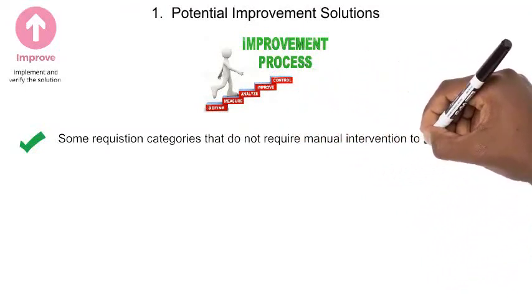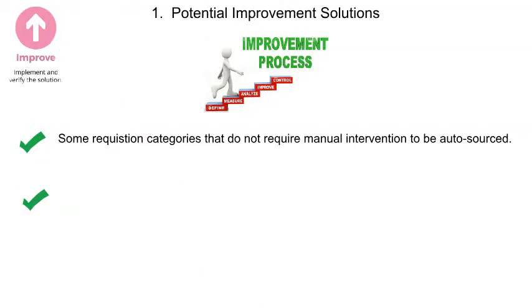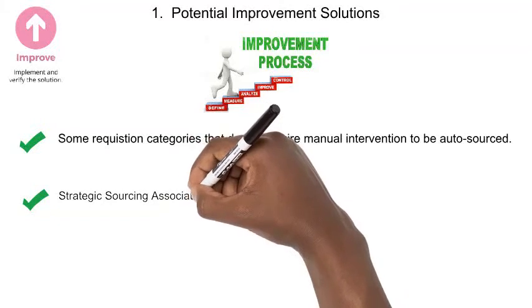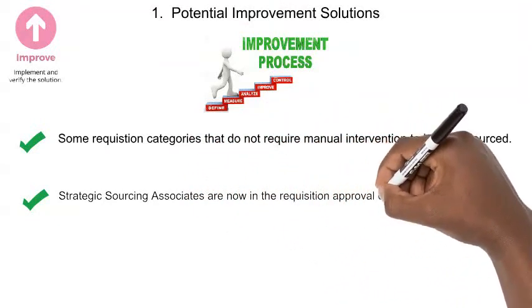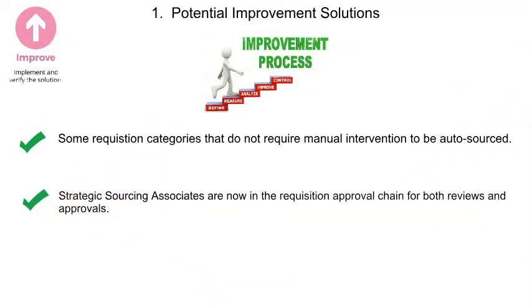Some requisition categories that do not require manual intervention are to be auto-sourced. And strategic sourcing associate team members are now in the requisition approval chain for both reviews and approvals.